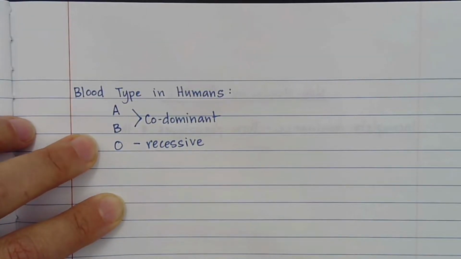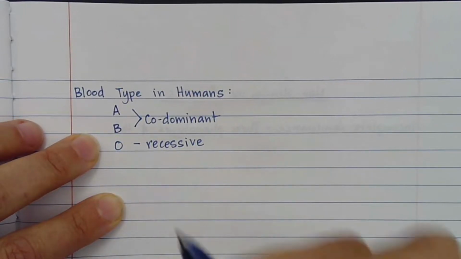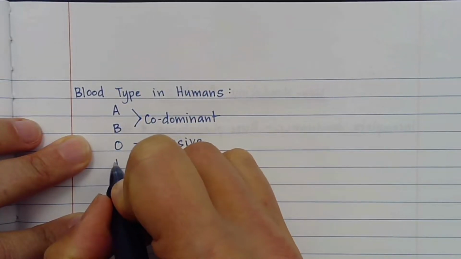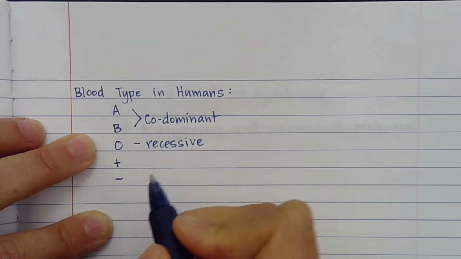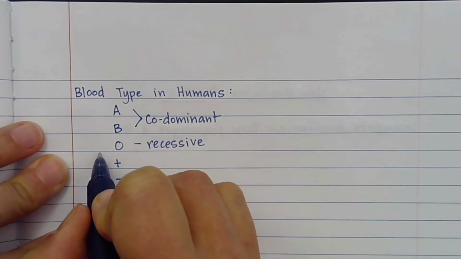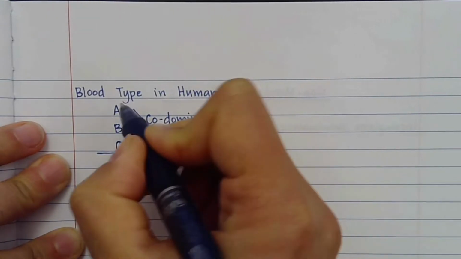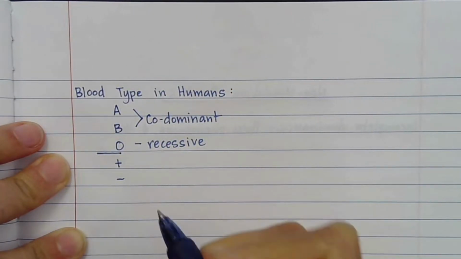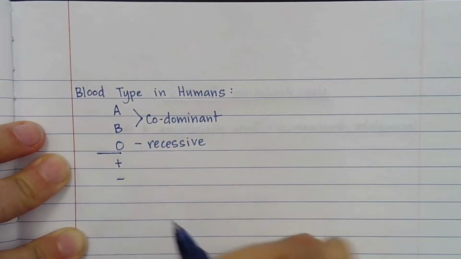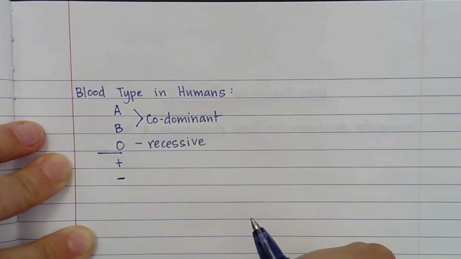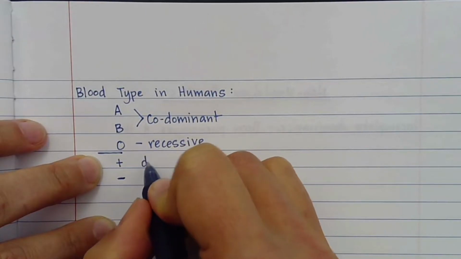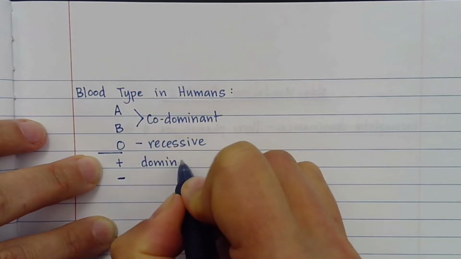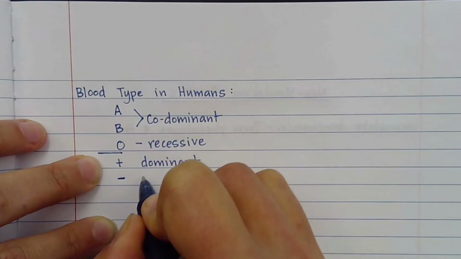The other thing we're dealing with is you can have a positive or a negative. So this is multiple genes. You've got one gene that codes for A, B, and O, and then you've got another gene that codes for positive and negative, where positive is dominant and negative is recessive.